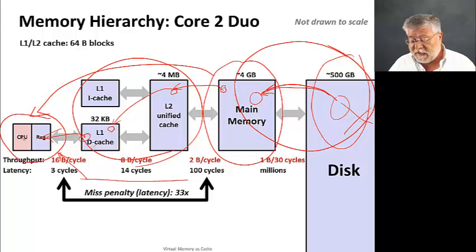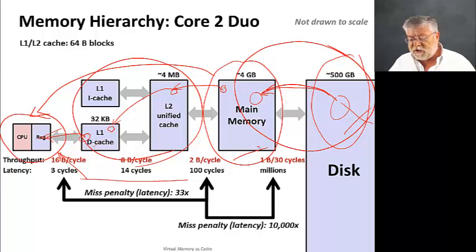They're much quicker to get to than going off chip to the larger main memory. Now, the situation between main memory and disk is actually much worse. The difference is 10,000x. Disks are way, way slower, but of course they can hold much, much more data, so they're very useful, but are much, much slower than main memory.